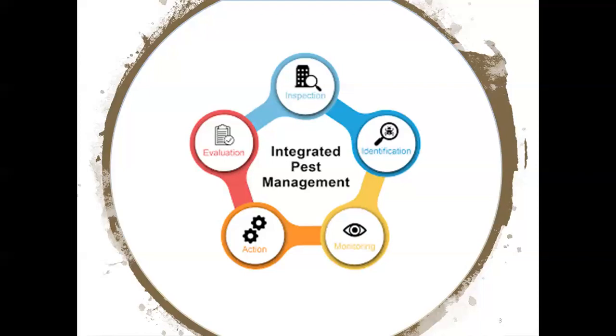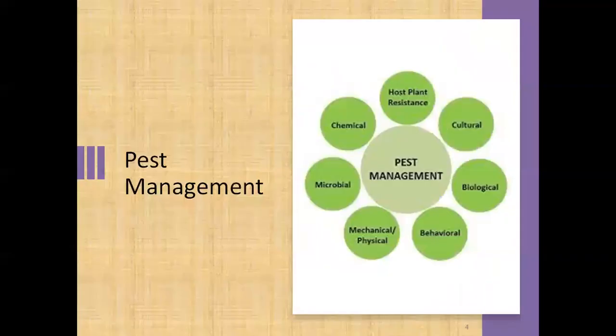This is the main step of IPM. This is also pest management. Pest management covers host plant resistance, cultural, biological, behavioral, mechanical, physical, microbial, chemical, etc. All these terms are included in pest management.